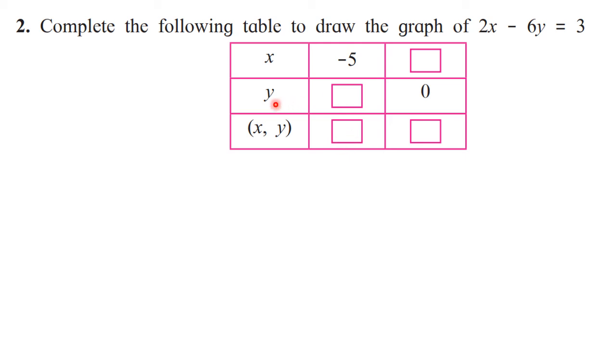In the second case the value of y is given, so put that value here and find the value of x, write that down here, and then write down the ordered pair. Okay, so it is very easy. You have to substitute those values. That means substitute the value of one variable and you can get the answer of the other variable. So you are going to solve it as homework.